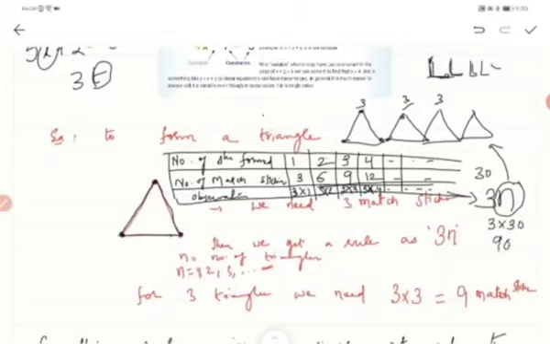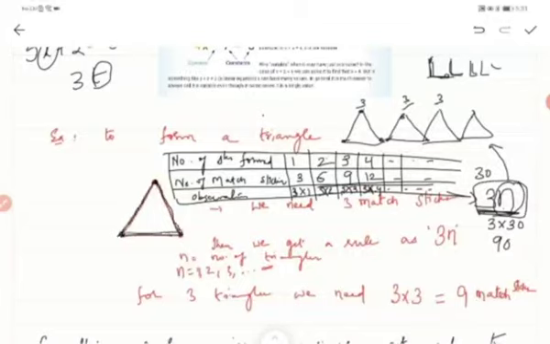So this is how we conclude. We come to some expression, or we get some rule, as 3n. This is called an expression, or we have concluded with some rule 3n for forming triangles by using matchsticks.